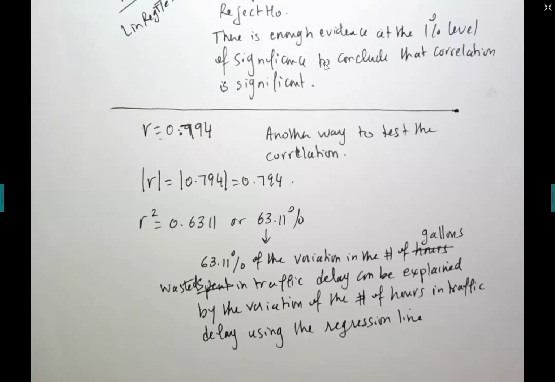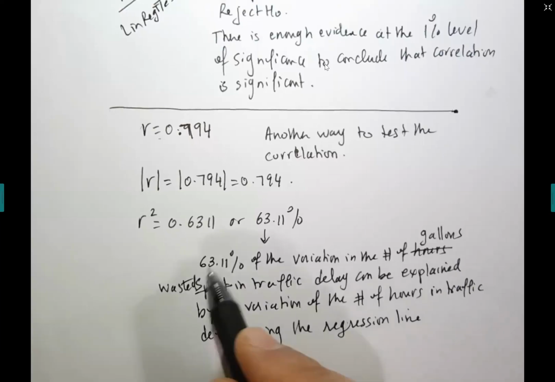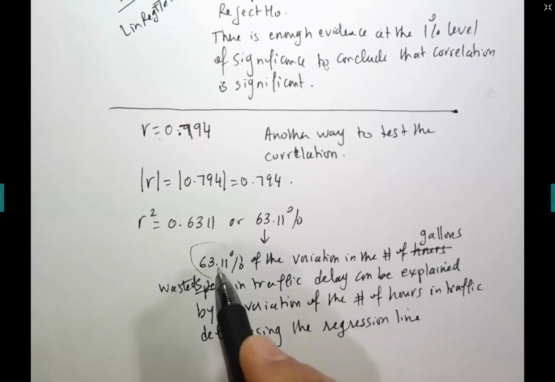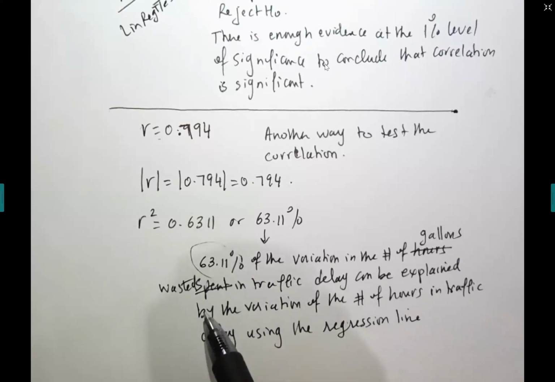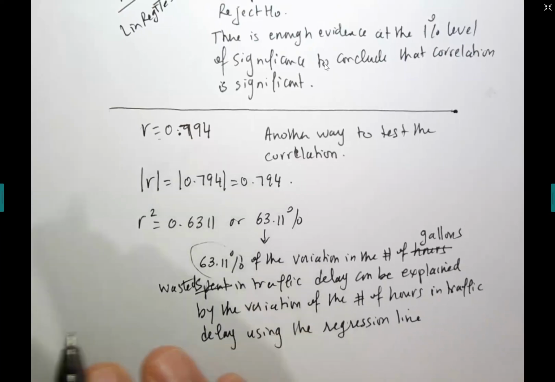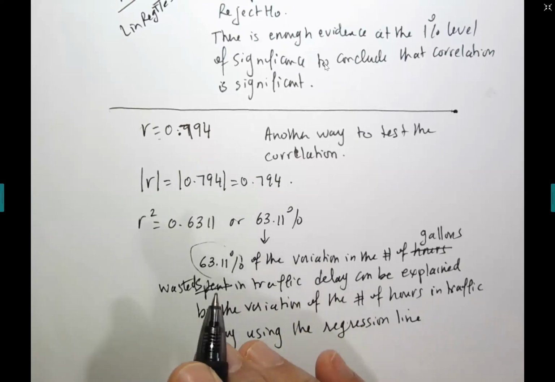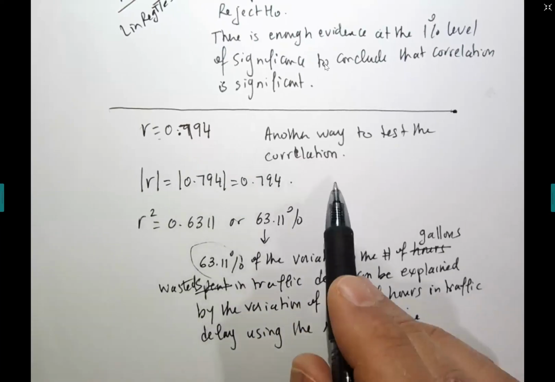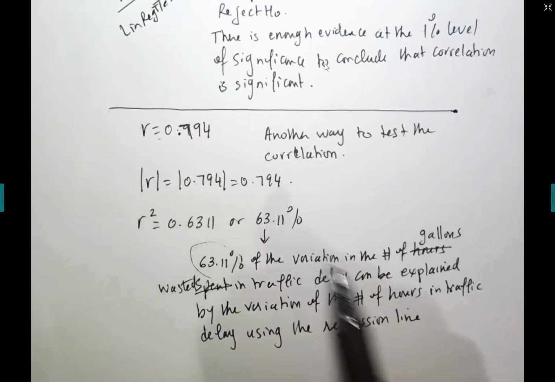So there are some other factors. So that's why, guys, you will never get 100% here. You're gonna get less than 100%, and there will be some other factors that cannot be explained by what we're doing. What we're doing is relating the hours spent in traffic to the amount of gas you consume.